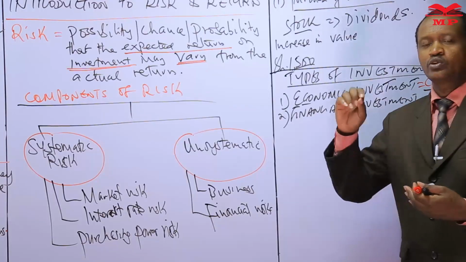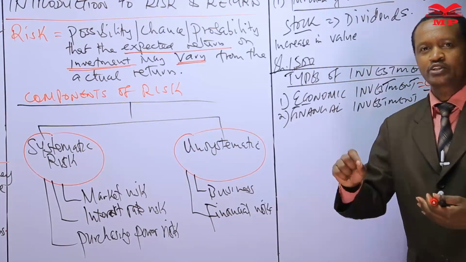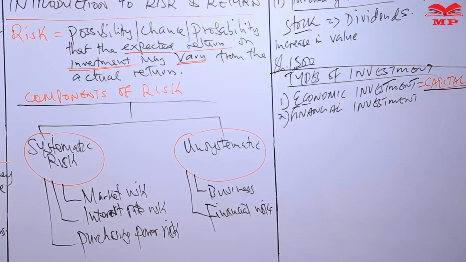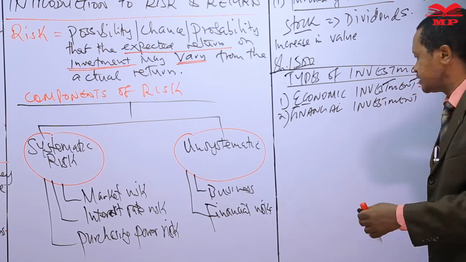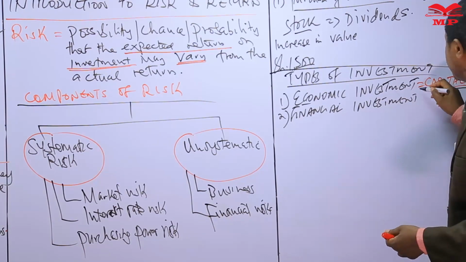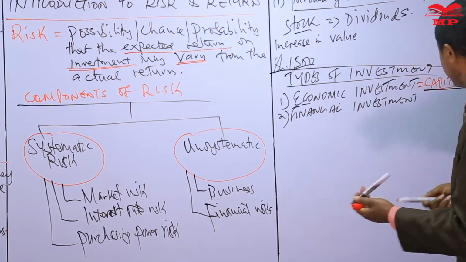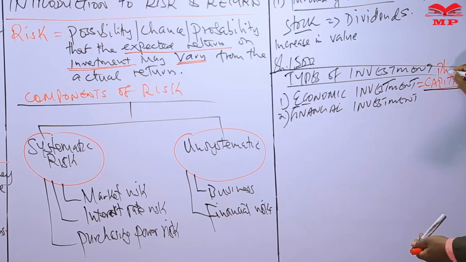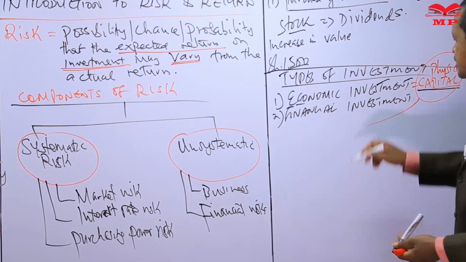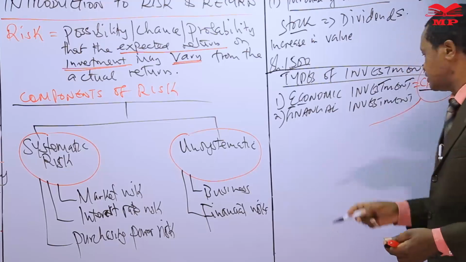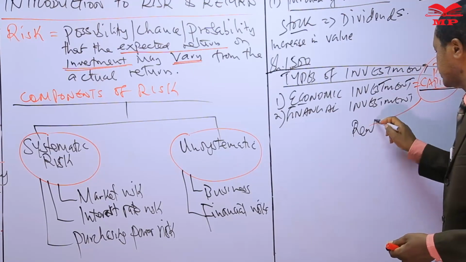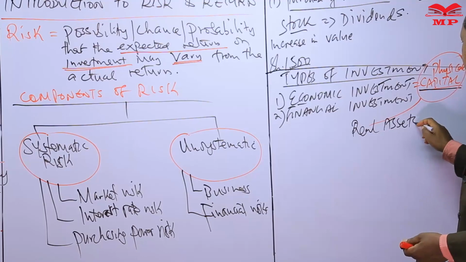Capital goods refers to those goods that are used in the production of other goods or services. In short, it can be said that economic investments help create physical assets directly. Physical assets. Sometimes these physical assets are referred to as real assets.